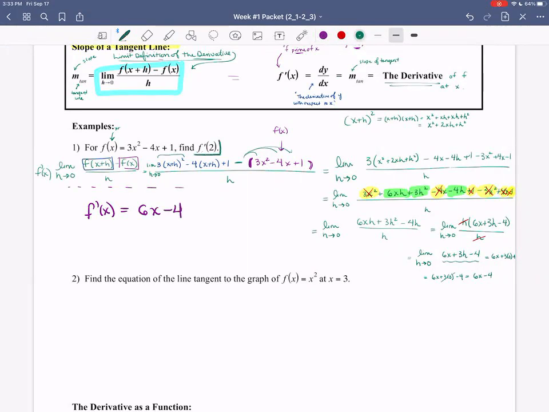For us, we were just concerned about f prime of 2. So what we can do is plug in 2 for x here to find the derivative of our curve at x equals 2. So we plug in x equals 2 and we get 6 times 2 is 12 minus 4, which is 8. Awesome. Great work, everyone.